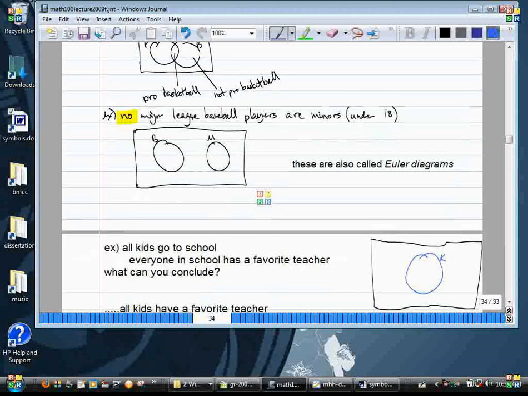Teacher circle, and where does that go? Okay. So we'll call that T for teachers. Now, does this show that all kids have a favorite teacher? If we want all kids to have a favorite teacher, how does that have to be reflected in the diagram?